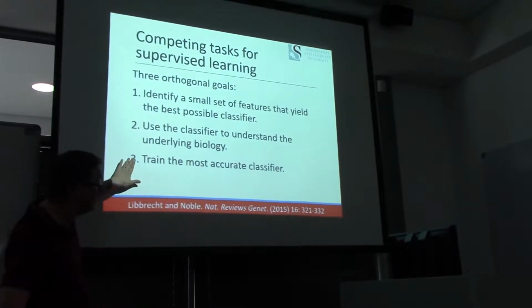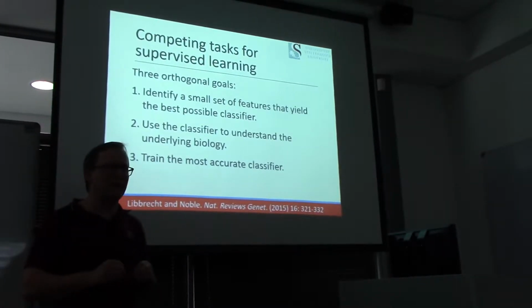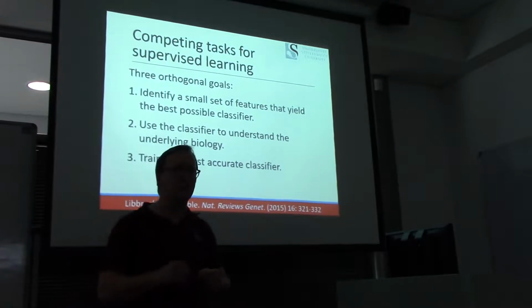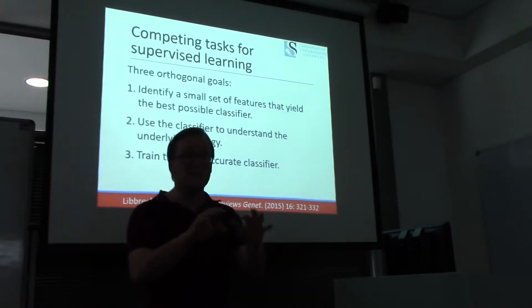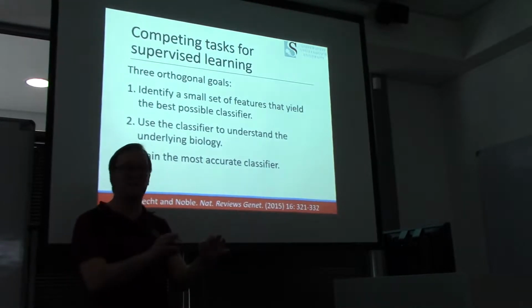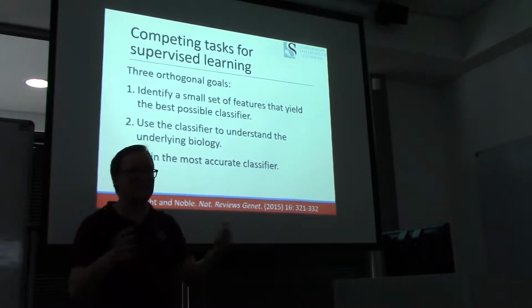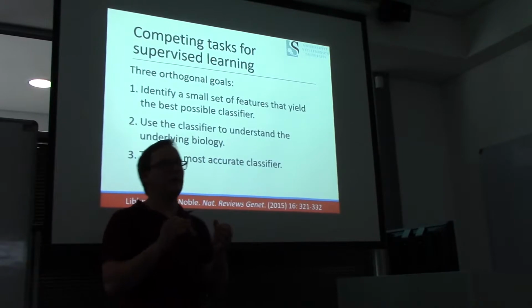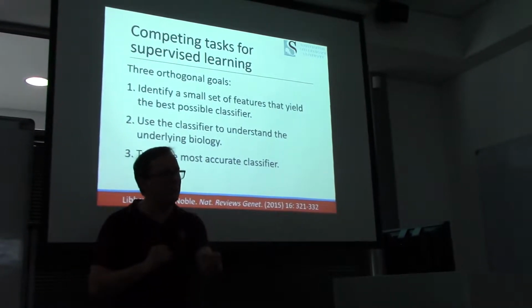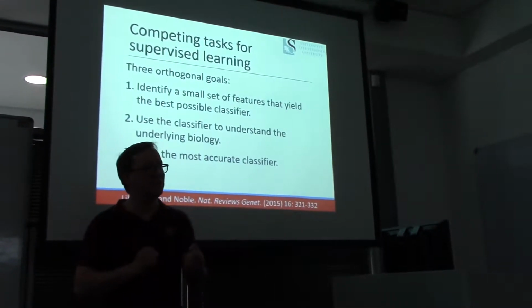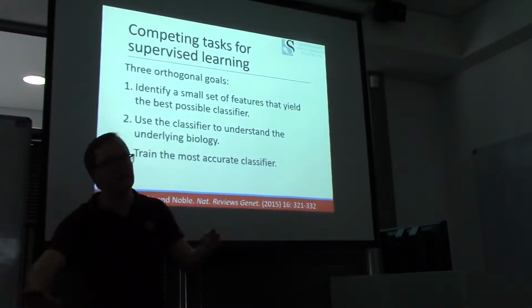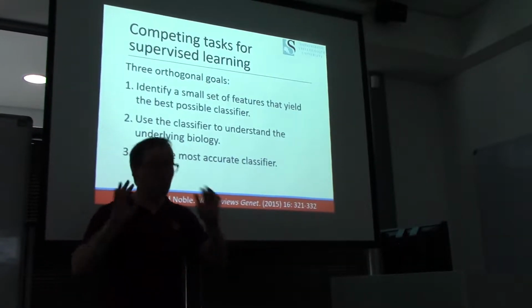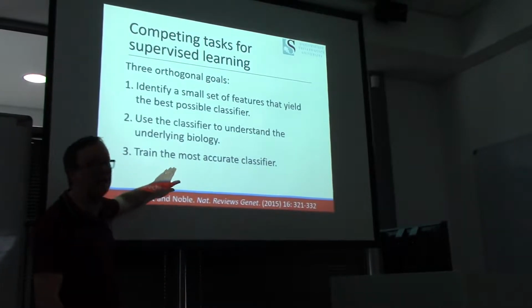All right. Finally, train the most accurate classifier. And this is the thing where the computer scientists pump a fist in the air and say, yeah, right? We talked about sensitivity, we talked about specificity. Accuracy is this close cousin of the two. So if all you're trying to do is maximize your sensitivity and specificity in detecting people with TB and calling clear people who don't have TB, you're only asking the question about accuracy.